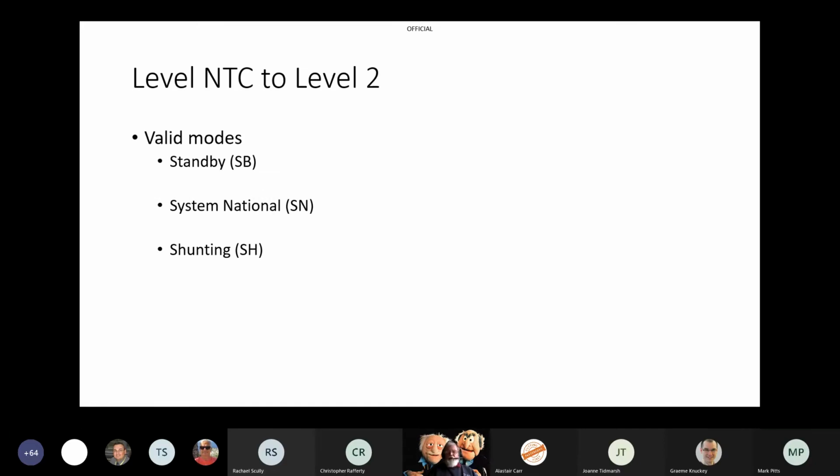So if we think about level NTC, there are 3 valid modes we can be in: standby, System National, and shunting. If we transition to level 2 in standby, we stay in standby. There's no change. Standby is still a valid mode.